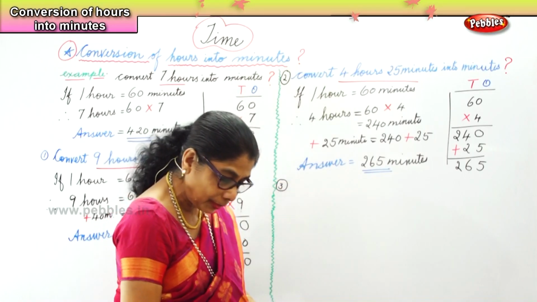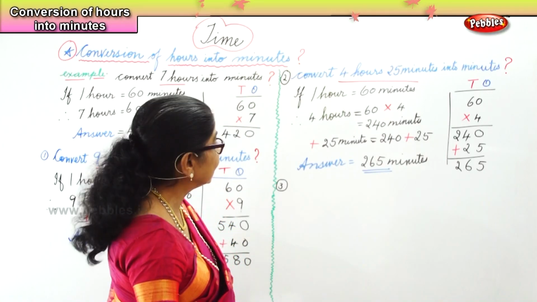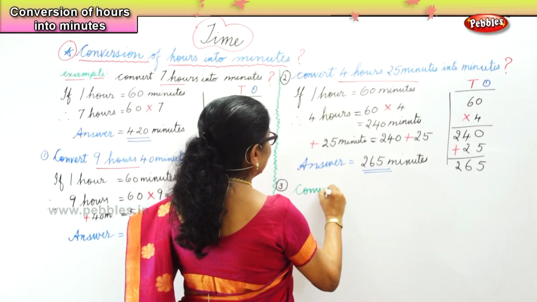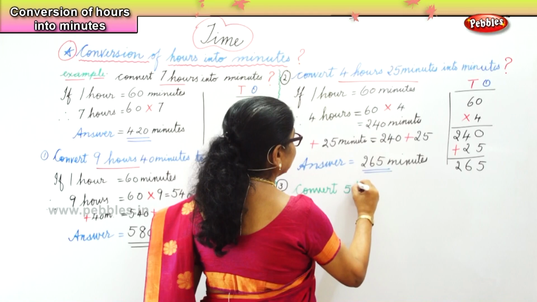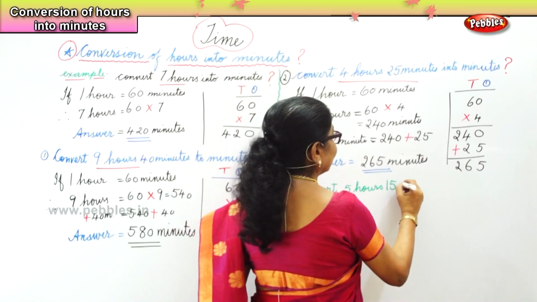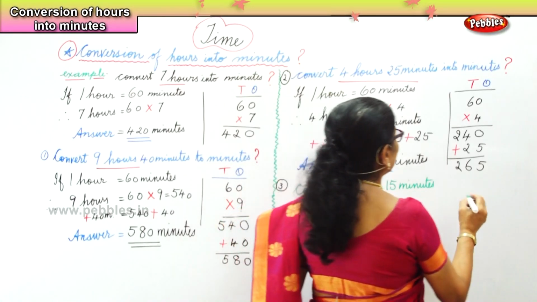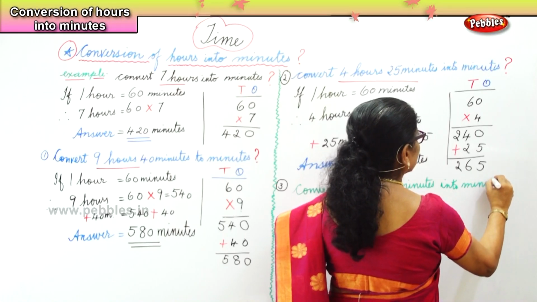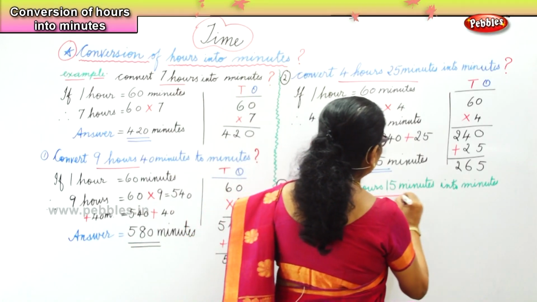Now let's work out another sum. Alright, another sum, let's work out 5 hours and 15 minutes. Convert 5 hours, 15 minutes into minutes.